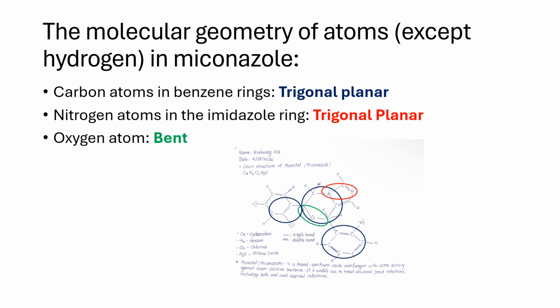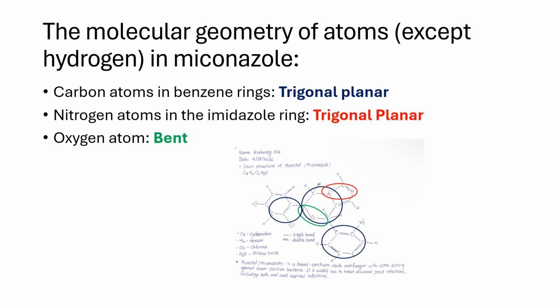The molecular geometry of atoms except hydrogen in miconazole. Carbon atoms in the benzene rings have 3 bonding regions and no lone pairs, resulting in a trigonal planar geometry with bond angles of 120 degrees. We also see a nitrogen atom in the imidazole ring that also has 3 bonding regions, 2 single bonds and 1 double bond, and no lone pairs.